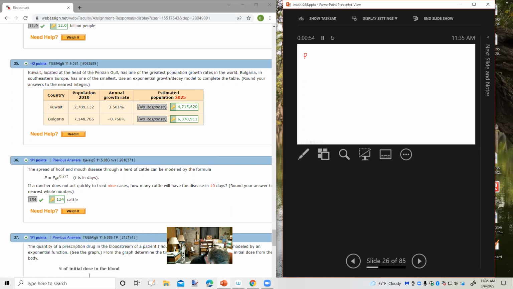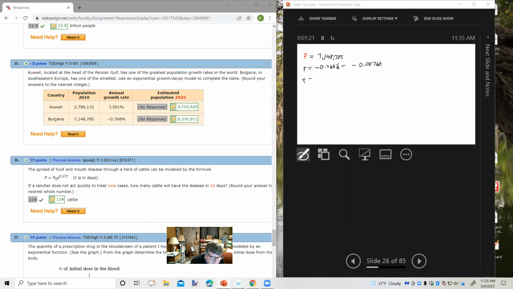Oh, well. Okay. The population, P, is 7,148,785. The annual growth rate is negative 0.768%, which would be negative 0.00768.